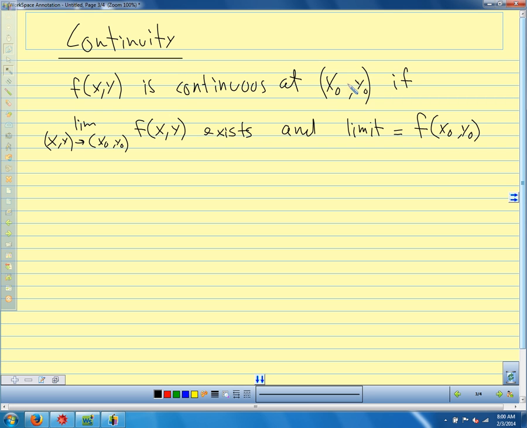Some results of that, transferring what we know about single variable continuity, is that polynomial and rational functions are continuous.